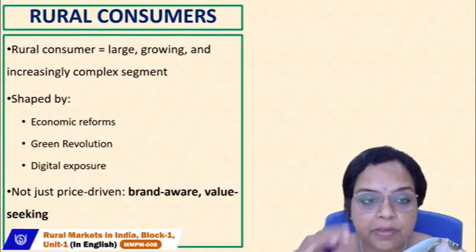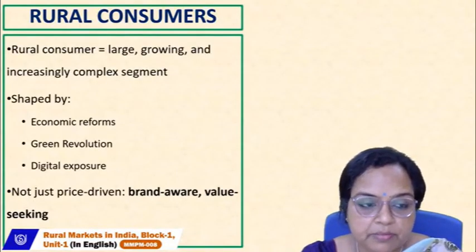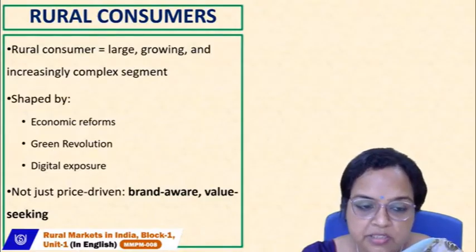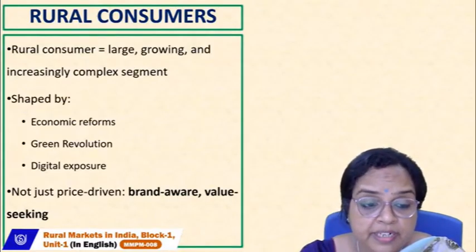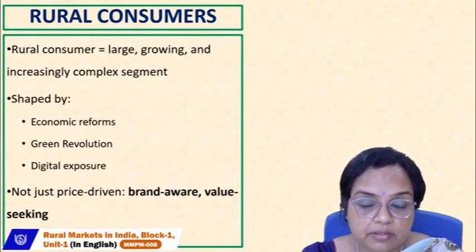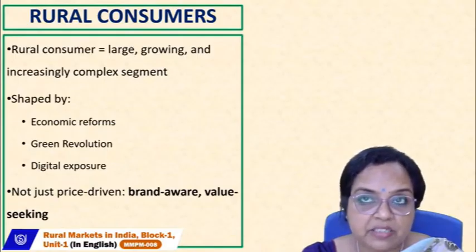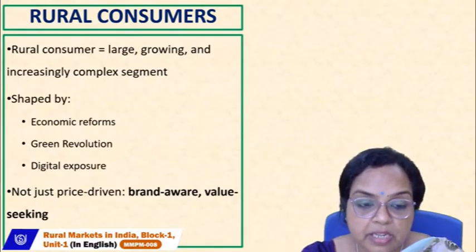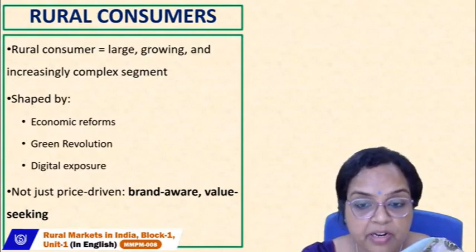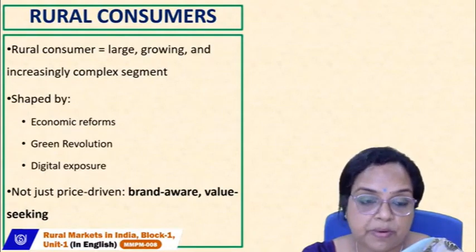It is shaped by economic reforms, the green revolution, and digital exposure. So the marketer has to think that the rural belt is not motivated by price alone. They are slowly getting brand aware and they are looking for value in a product.